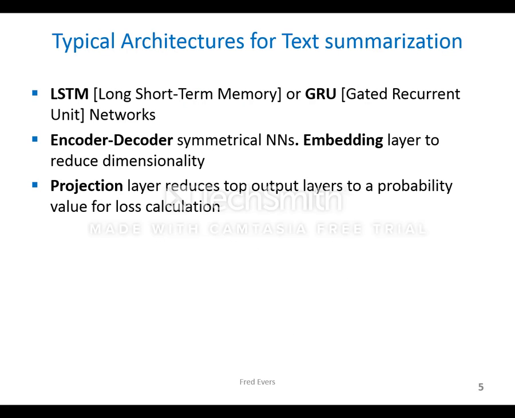Typical architectures for text summarization include LSTM, long short-term memory, or GRU, gated recurrent unit networks. They typically also use an encoder-decoder architecture, which is a symmetrical organization of neural networks with an embedding layer which contains the fundamental representation of a vocabulary model, which contains a large corpus of text from which the model can draw for purposes of generation.